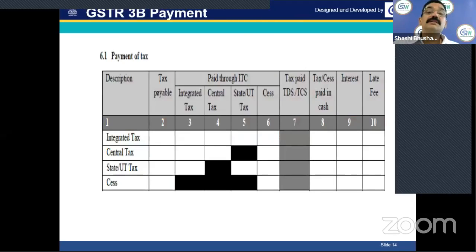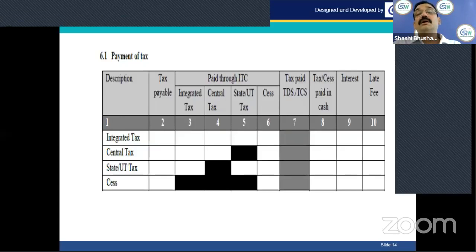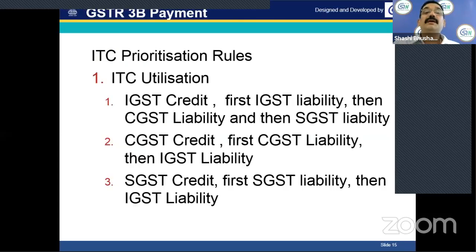Once you have furnished all this information, the tax computed on the basis of these declarations has to be paid either through ITC or cash payment, which will be available in your cash ledger. The ITC which you declare will go to your ITC ledger, and then you can make payment accordingly.